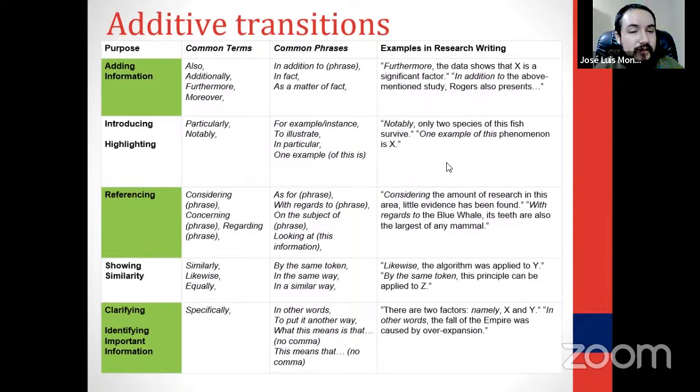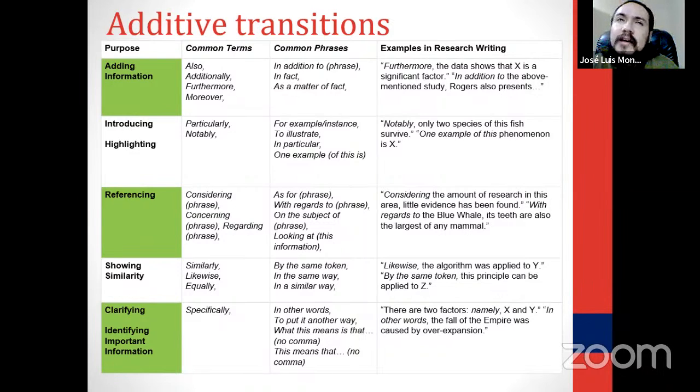Then referencing: considering this, considering that, considering what I said. Remember, if it's a phrase, put a phrase. Concerning this topic, concerning that problem, concerning this situation, comma, regarding this information, regarding what you said. That's why it's referencing, because you are referring back to something that you mentioned, or something that someone else said.